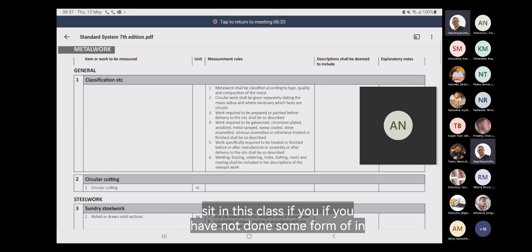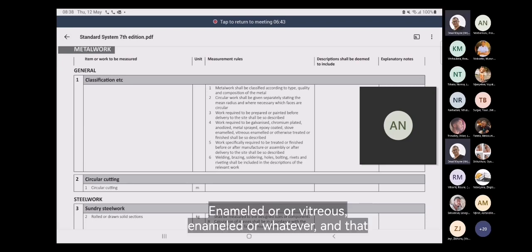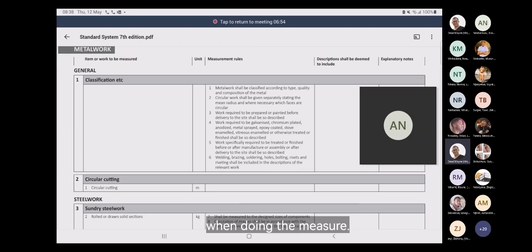And some of us might have come across where we had elements that needed to be either galvanized or enameled or vitreous enameled or whatever. And we will have to describe that in our description column when doing the measure.